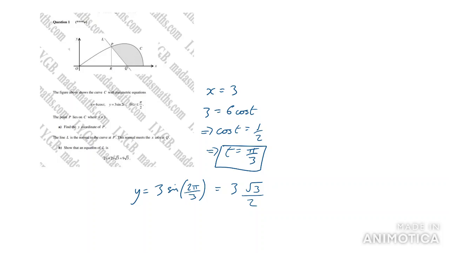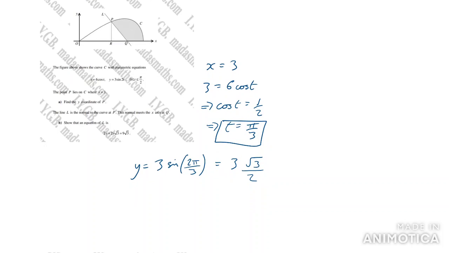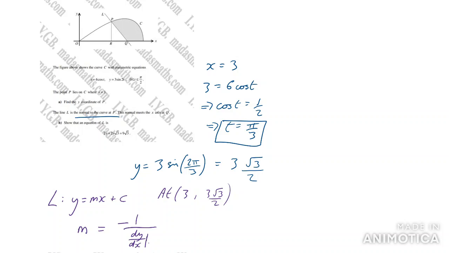L, the line L is the normal to the curve at P. Okay, so what does that tell us? Normal to the curve at P. Well, that means L, which has equation y equals mx plus c, we know that at P, which is 3, 3 root 3 over 2, the gradient is, because it's the normal, minus 1 over the gradient of the curve evaluated at the point x equals 3.